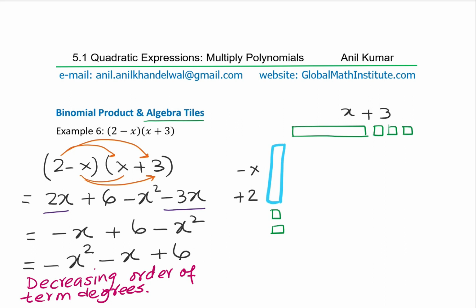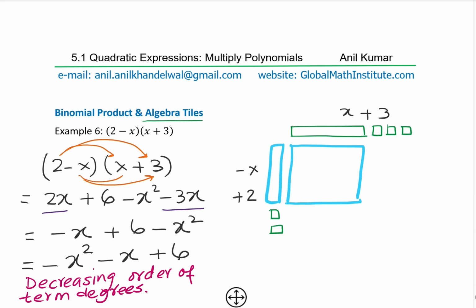So when you multiply positive and negative, you will get a negative. And this time, negative x squared when you multiply x with negative x. Negative x with positive unit will give you minus x, so that has to be drawn in blue. Blue signifies negative for us.